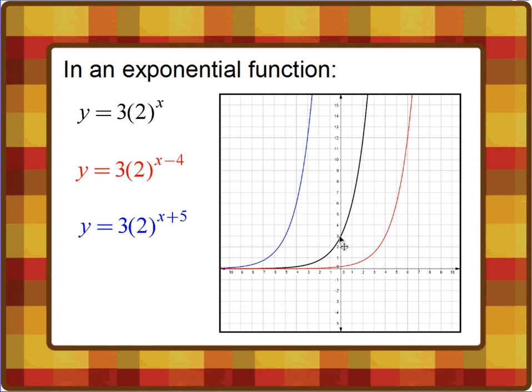Really quickly, notice that our old point (0, 3) is now at (-5, 3), and our old point (1, 6) is now at (-4, 6). So we actually shifted to the left 5 units. Be really careful when you're adding and subtracting from the x value only, because it won't simply add and subtract from the x value.